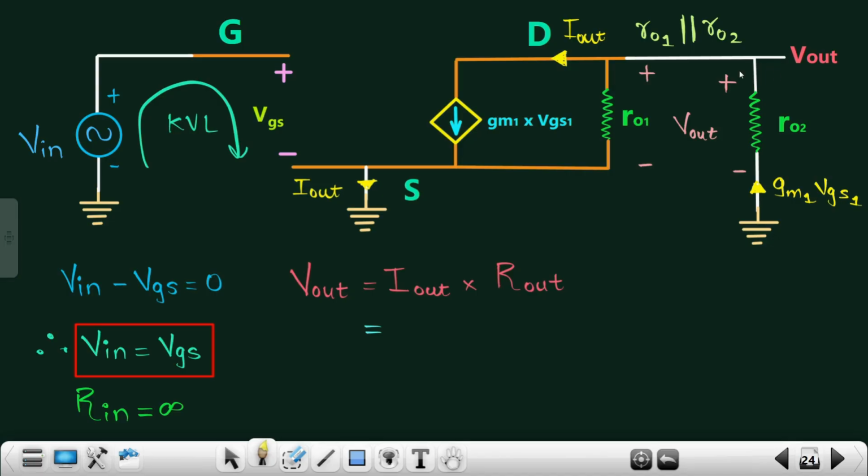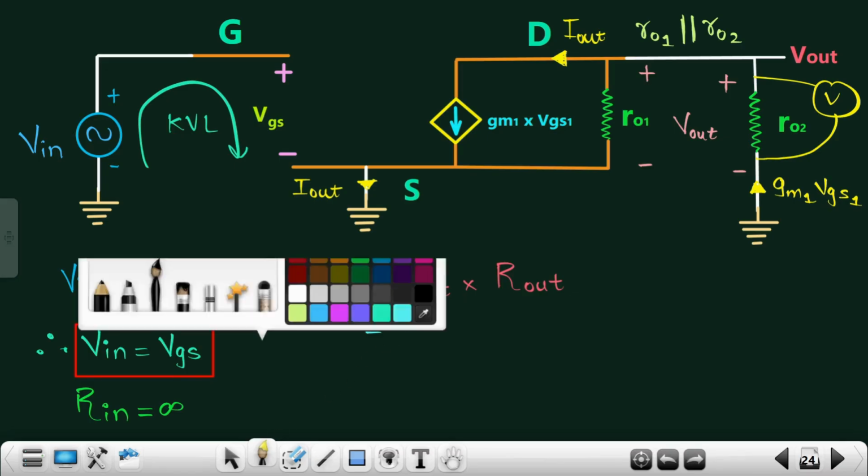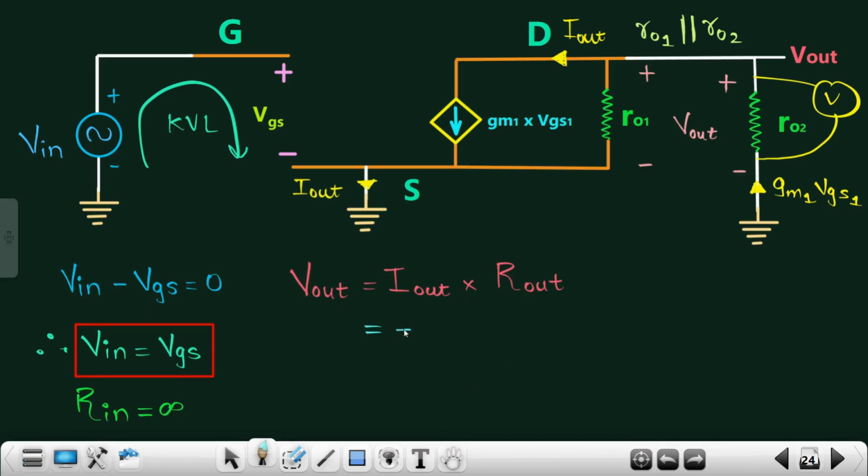If I want to check the output voltage, I'm just going to connect one multimeter or voltmeter over here, in between drain and source. But what I can see is that this particular I out is flowing in the opposite direction. So that's why I need to include one negative sign over here. So minus of gm1 times VGS1, times R out.